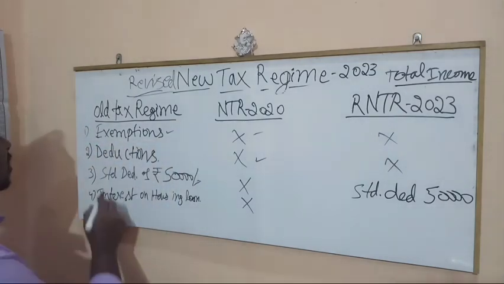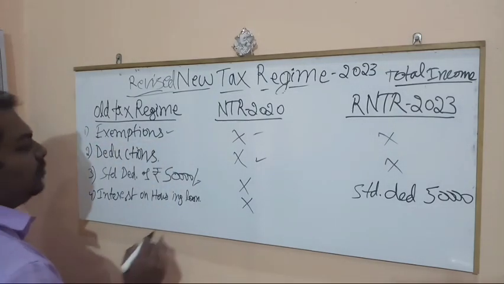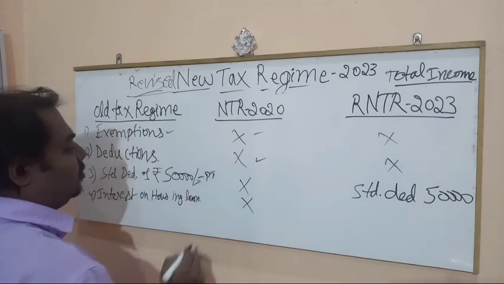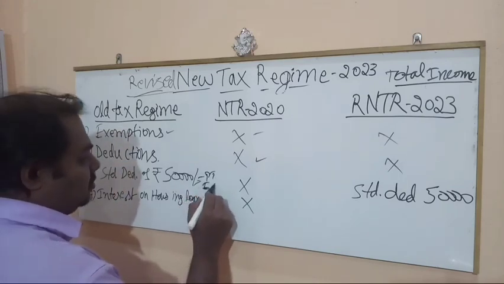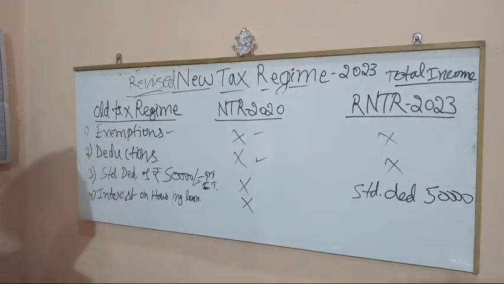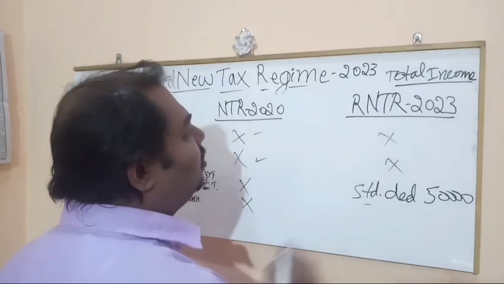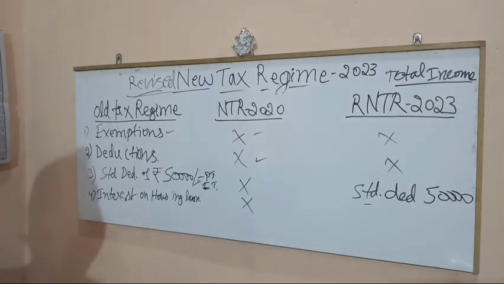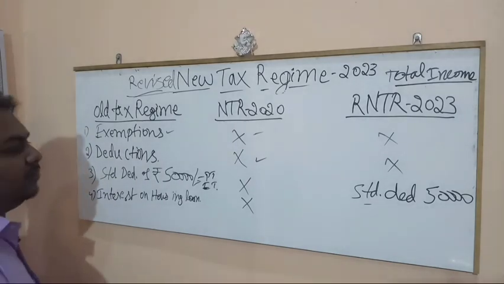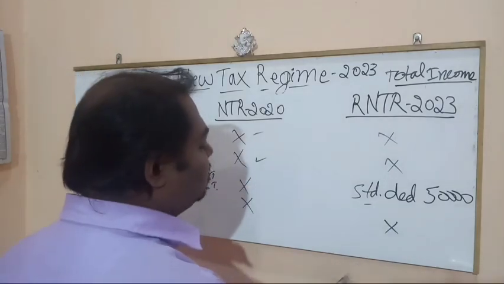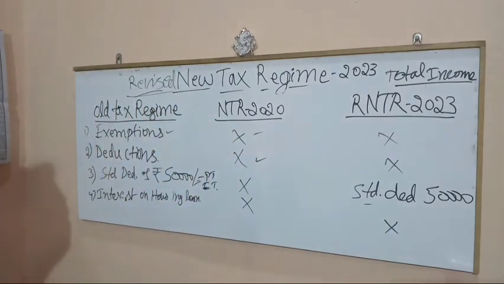But in the old tax regime, you were also eligible to claim professional tax and entertainment tax for government professionals. But the same was not given in the revised new tax regime. And you were also not eligible to claim any interest paid on housing loan.